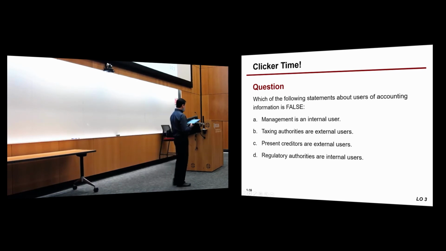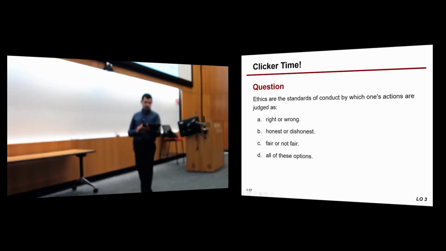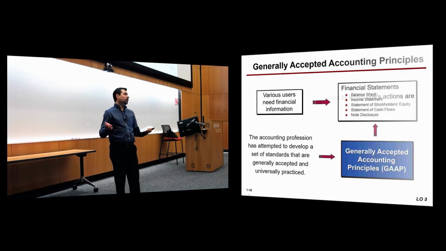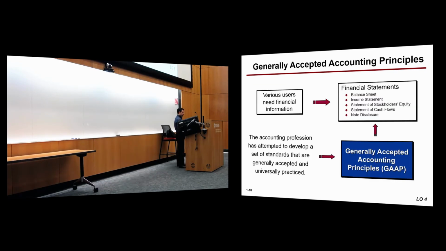Management is an internal user, taxing authorities are... Oh, okay, so A, B, C, D. Good. Ethics are the standards of conduct by which one... Okay, so that's easy. We'll skip this one. Come on, that was easy. All of the above. You see, they all mean the same thing: right, wrong, honest, dishonest, fair, not. Okay, so.